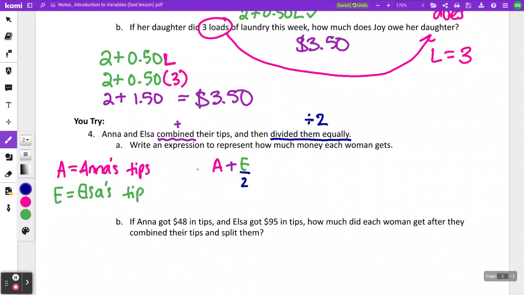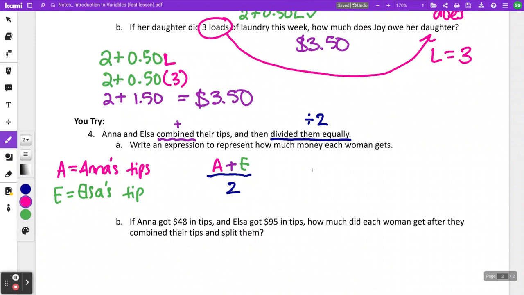We want to divide their total tips by 2. So if I'm doing that with a fraction, how do I show I'm dividing their total amount by 2? If I want to show I'm dividing this whole amount by 2, that division line has to go all the way across. So that is showing I'm dividing their total amount of tips by 2.